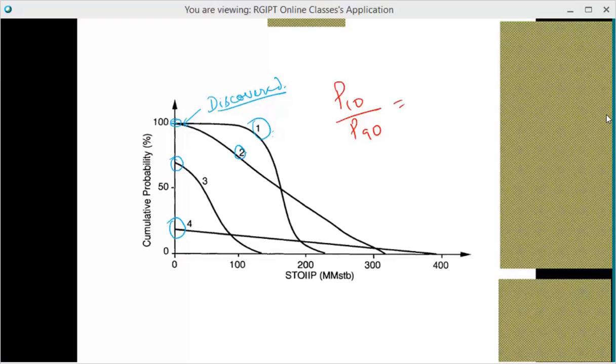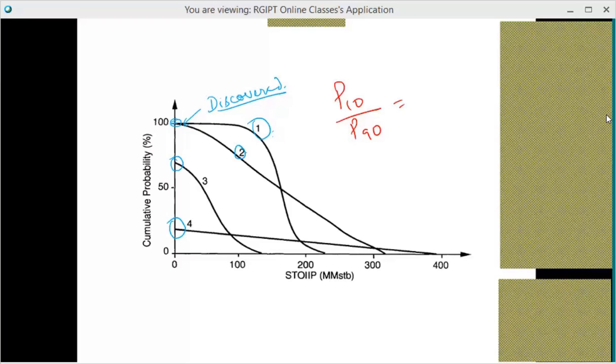But if you look at number 4, there is a huge uncertainty, and here it's saying that your reserves could be as large as 400 million or maybe none. So this may be a new basin where you are trying to enter, which may look very prospective, maybe the biggest structure, but you have no clue whether this structure is going to hold any hydrocarbon.